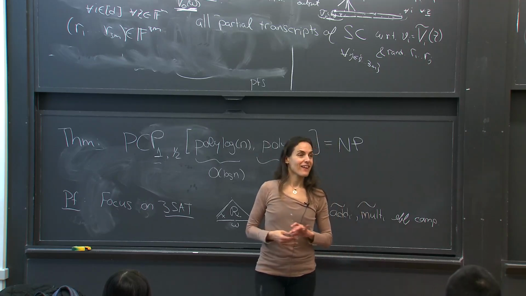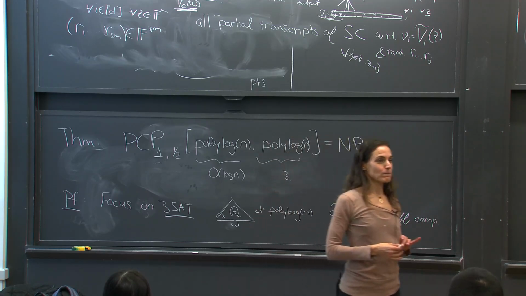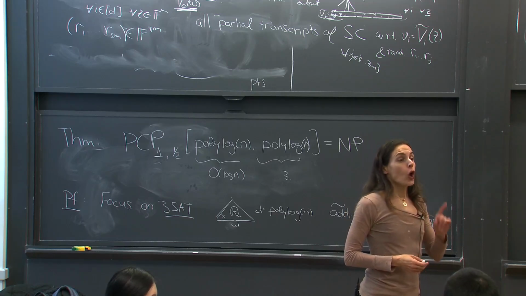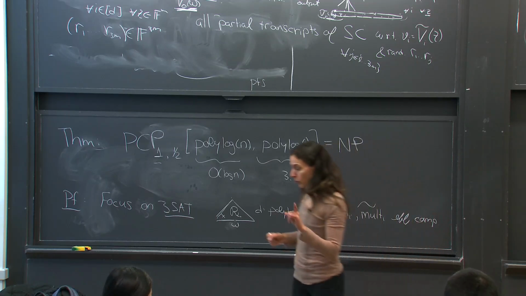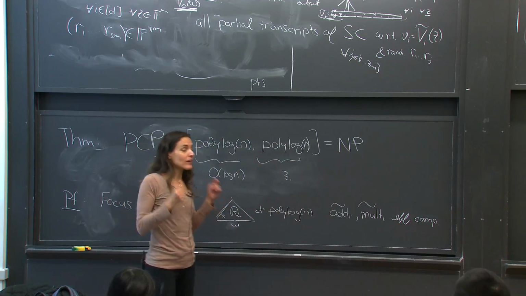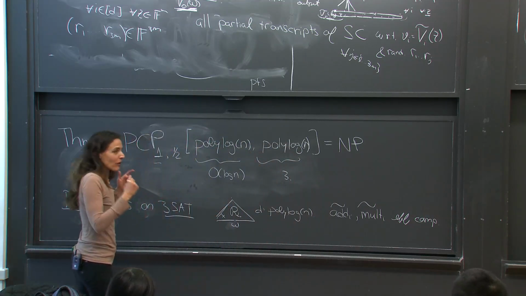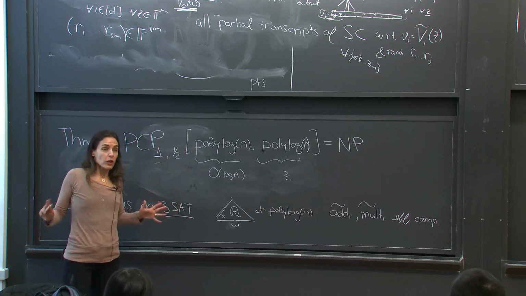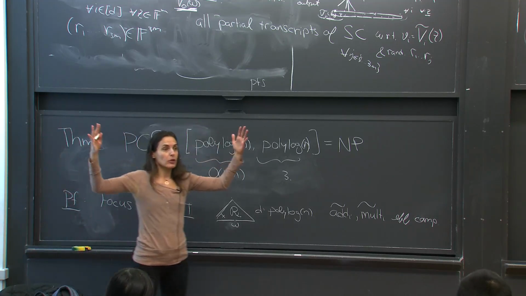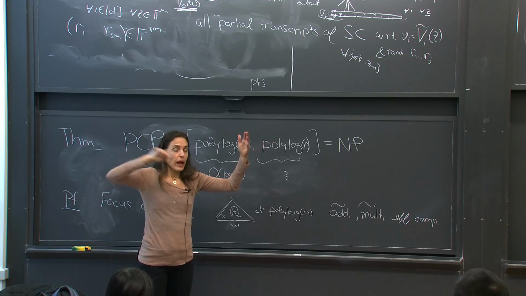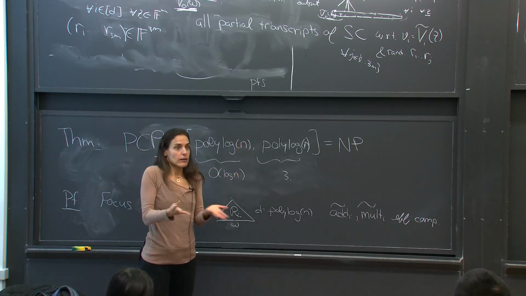Don't we not have perfect completeness right now because of the low degree test? Good question. Do we have perfect completeness? The answer is yes, because perfect completeness means that if you're honest, you'll be accepted with probability 1. If you're honest, you give W tilde, the low degree extension of your witness, and when I take a random line, it's going to be of low degree.